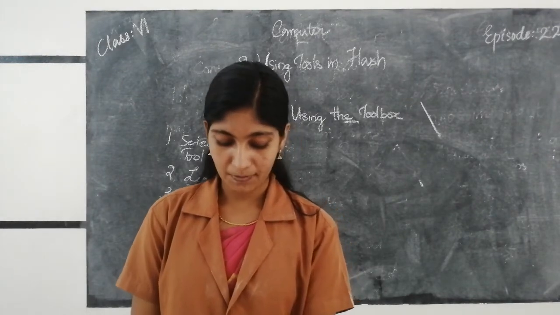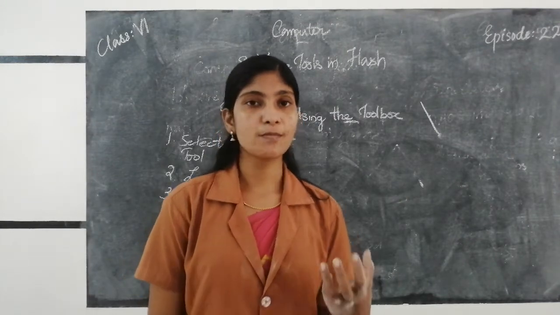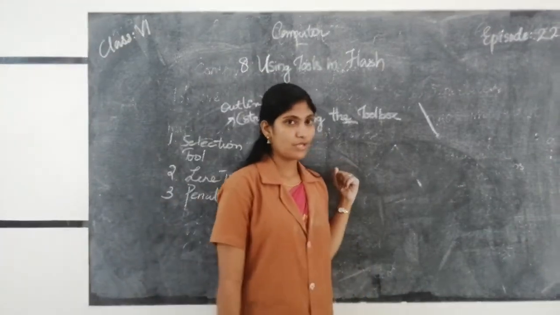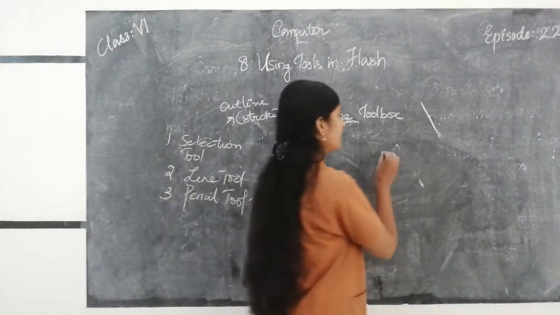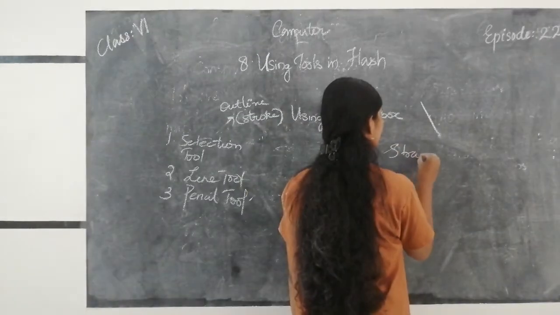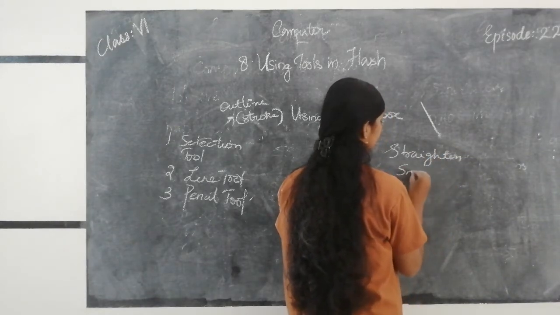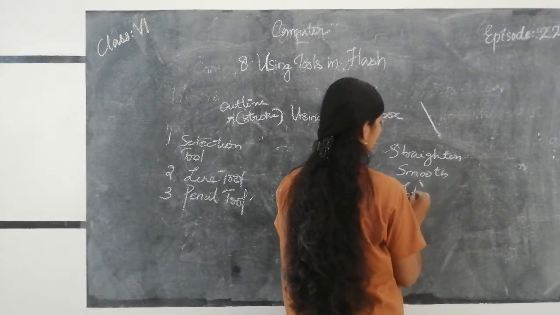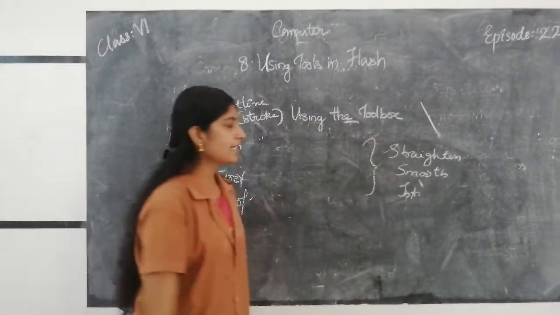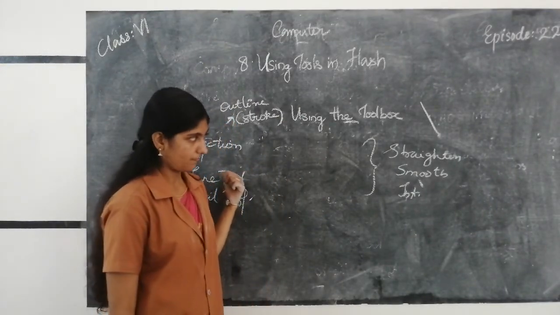At first select the pencil tool, then you can choose a drawing mode. Drawing mode means you can select straighten, smooth, or ink. You can select three types of mode using the pencil tool.